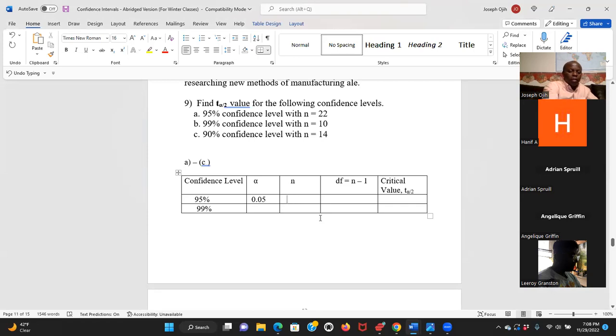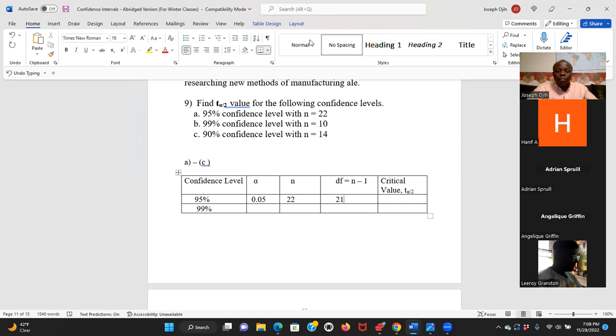Degrees of freedom is n minus 1, that means 22 minus 1, which is 21. So for the critical value, we look under 21 degrees of freedom and alpha 0.05.